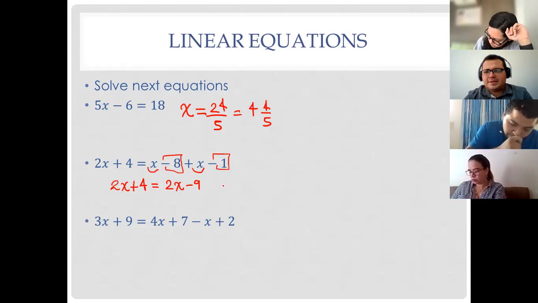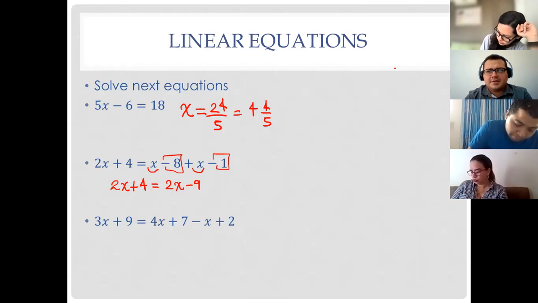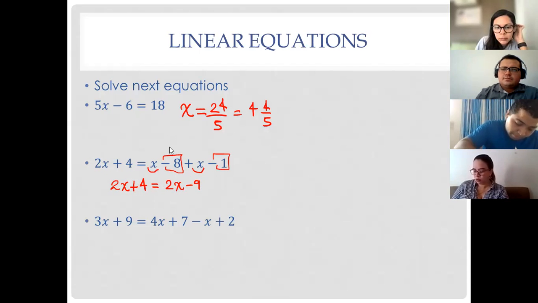Okay, I see some people in the chat don't agree with you. Can you say it doesn't have a solution? Why can you say that?